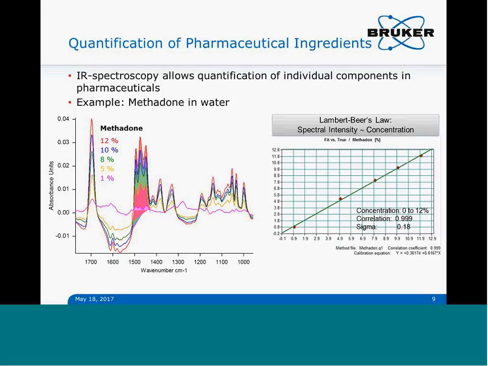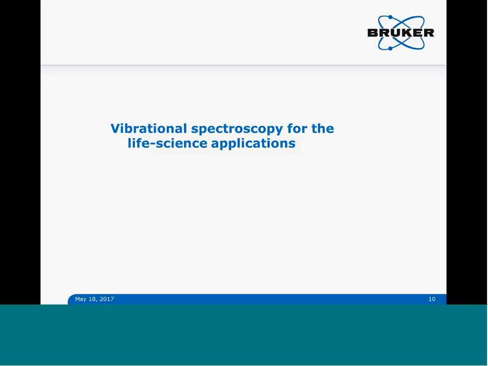So what you do, you measure several samples with known concentrations, and then make a calibration curve. After that, you can measure the concentration of unknown samples. So it's another popular application of vibrational spectroscopy, infrared spectroscopy, in the pharmaceutical industry.